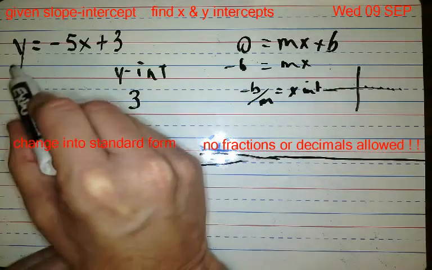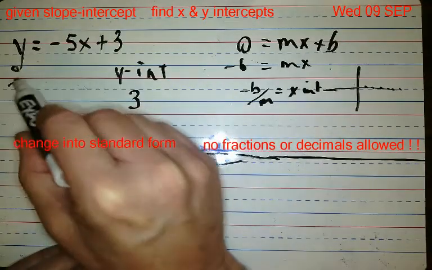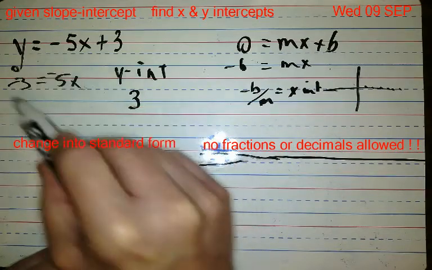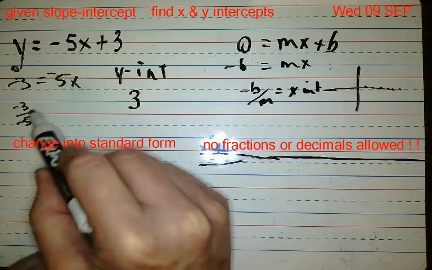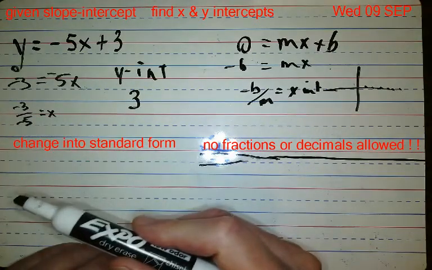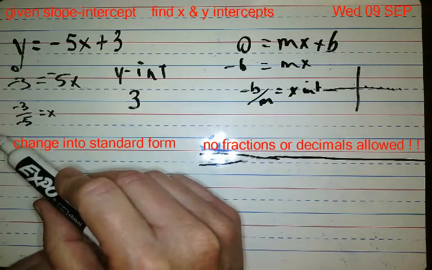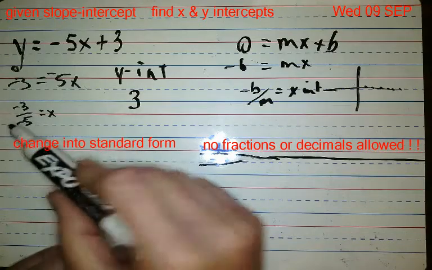So if y is 0, then I'm going to subtract 3. And I have negative divided by negative. Do not be that person that writes that down. That is not the x-intercept. The x-intercept is, negative divided by negative is positive.